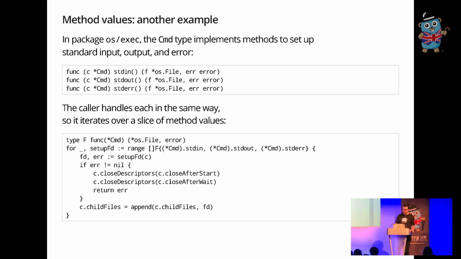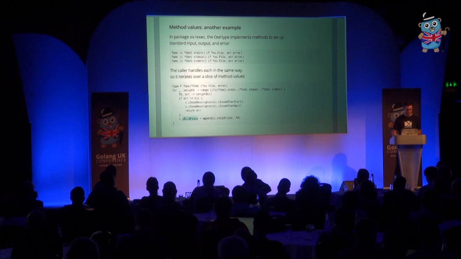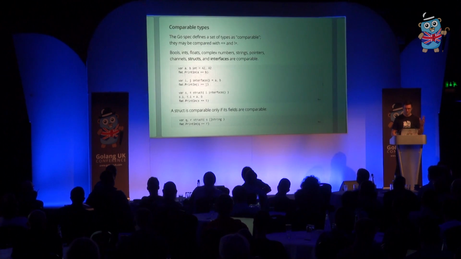And each of those function values is actually a method expression on the Cmd type. So I'm doing this body for each of the standard in, standard out, and standard error methods. And so I call each of those methods, which are called setupFd, and then I do the cleanup for each in exactly the same way. And I can also then append each of those file descriptors to be cleaned up in the same way. So that's a real example.